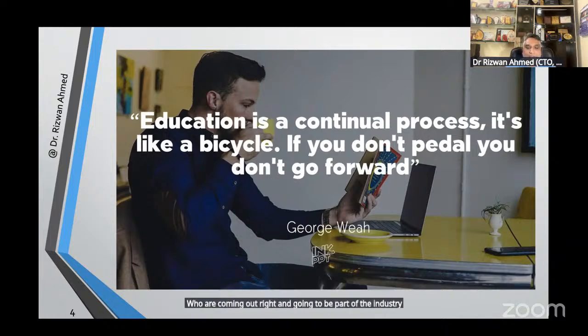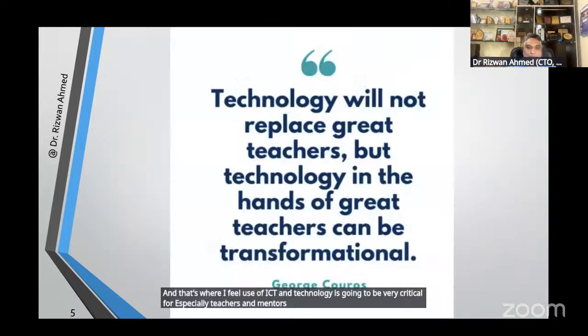That's where our role is very critical, in a way, how we make sure we help these students understand the cycle of learning, more importantly, unlearning and relearning, because technology is changing so fast. Every 1 or 2 years, you are required to learn something new, and more importantly, unlearn what you were doing earlier. And that's where I feel the use of ICT and technology is going to be very critical, especially for teachers and mentors who are involved in this process.